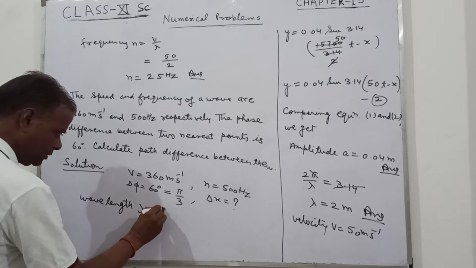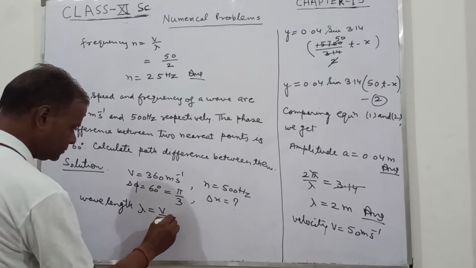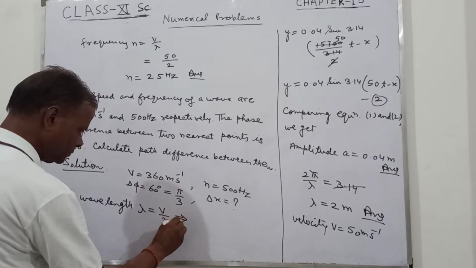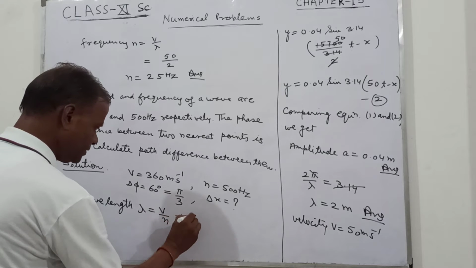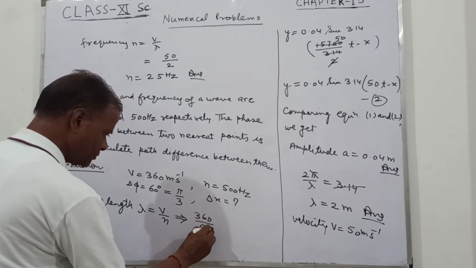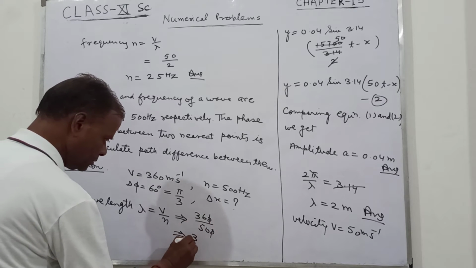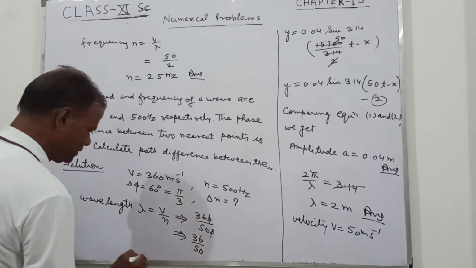Wavelength lambda equal to v upon n, and v is equal to 360, n is 500. This will cancel, so it comes out to be 36 upon 50. This is the lambda.